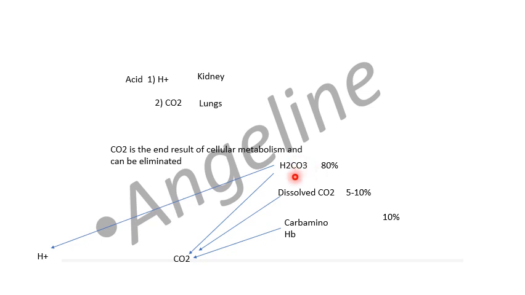This will combine with water and release hydrogen ions. I'll tell you that equation again. Not only that, this can again get converted back to CO2 and get eliminated through the lungs. These two can only get eliminated as CO2. So I want this to be a little more clarified.